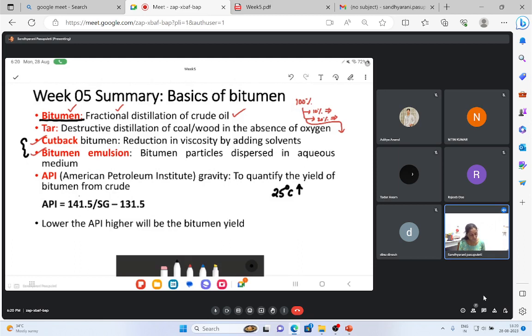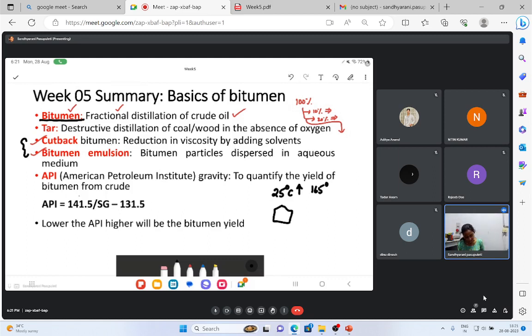Even in the field, when I am going to mix the bitumen with the aggregates, I have to heat this bitumen and aggregates to a mixing temperature, let us say 165 degrees. But every time increasing the temperature of bitumen is not good for the environment. So people have come up with various techniques to soften the bitumen, to reduce the viscosity of the bitumen without heating. I do not want to increase the temperature, but I still want to make the bitumen very soft so that it can coat my aggregate very easily.